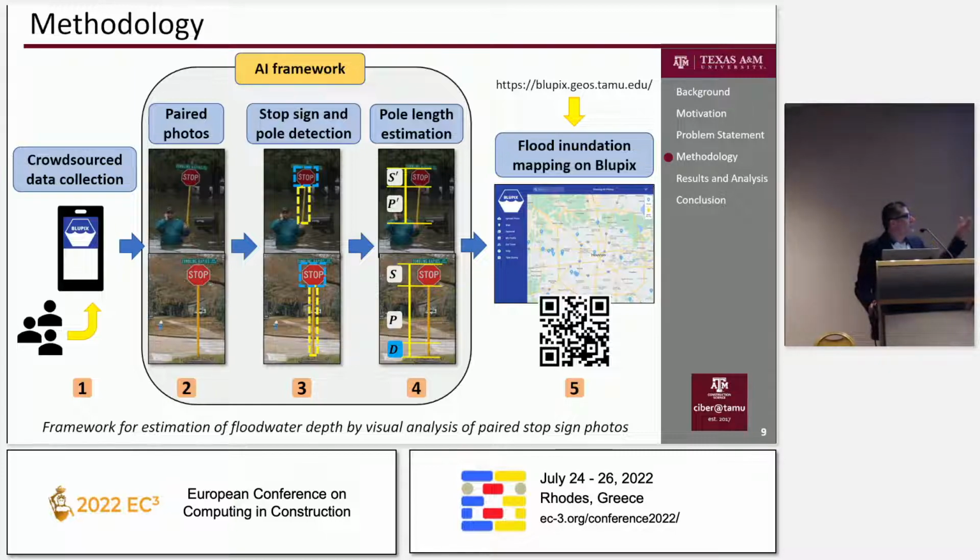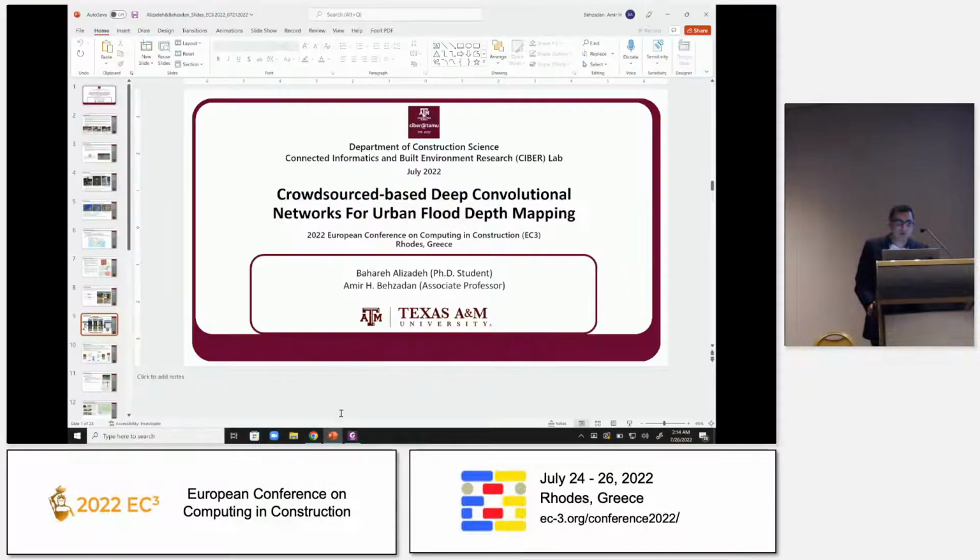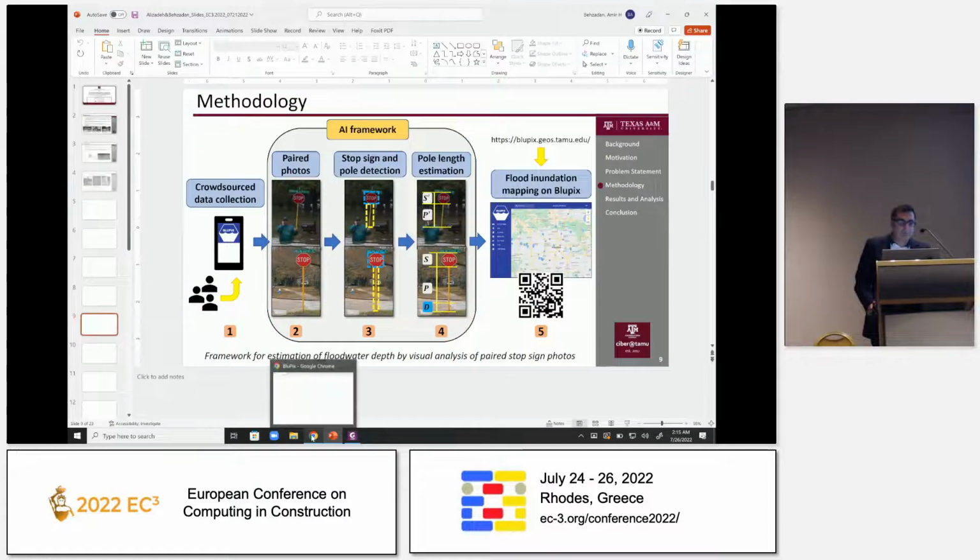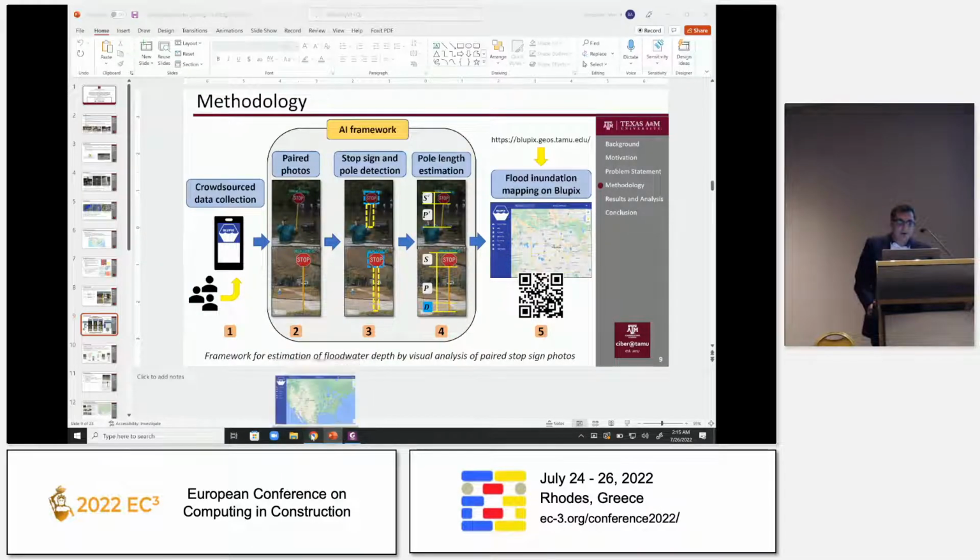Once we have these post-flood and pre-flood pairs, we run our detection model, find the stop sign and the pole length, and then do the subtraction to find the depth of floodwater in that location, and then we show that information on the map. So the idea here is that as more citizens participate in this citizen science experience, you will have a higher spatial resolution map.